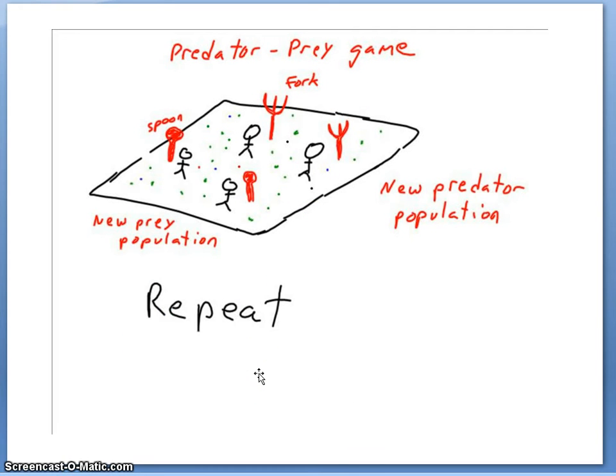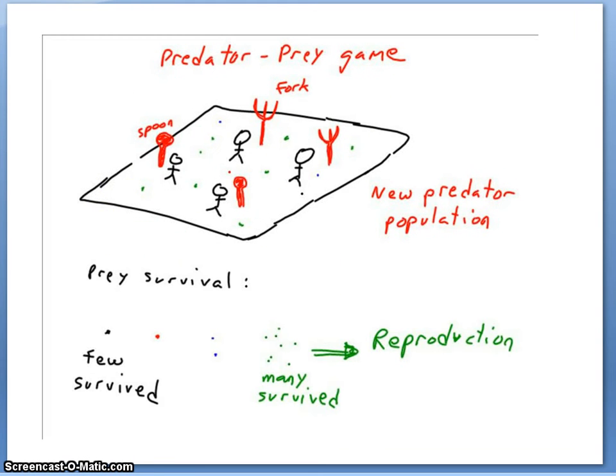And over time, we saw changes in the makeup of the predator population. Of course, if we were keeping track, we would also note changes in the prey species as well. So in the beginning, there were maybe 4 different types of colors of seeds and different sizes. And for some of the seed types, very few of them survived in the wild. In other words, a lot of predators ate them.